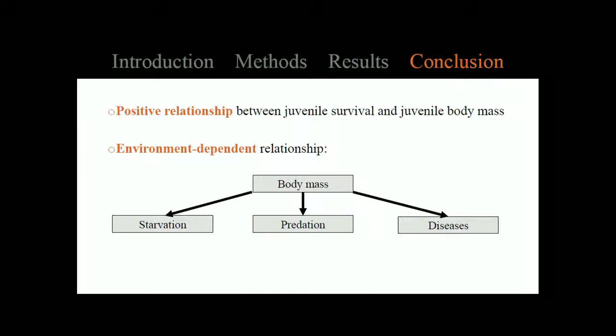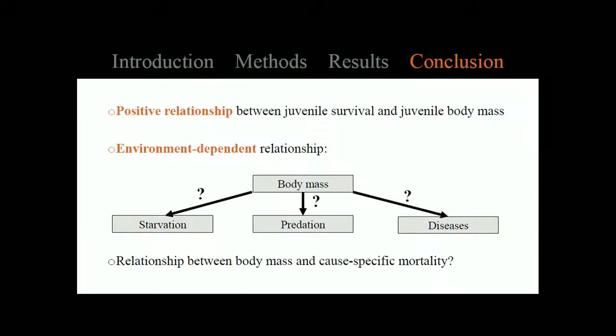To have a clearer view of this relationship, we need to know how body mass can affect the probability of dying from predation, starvation, or diseases, which are the main causes of mortality in the wild.